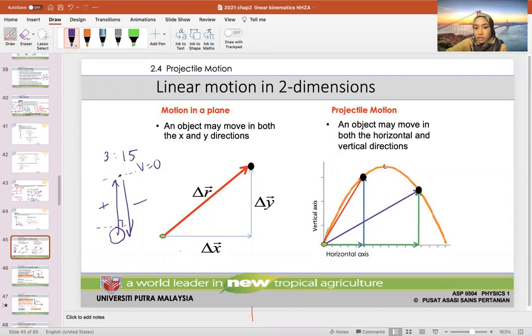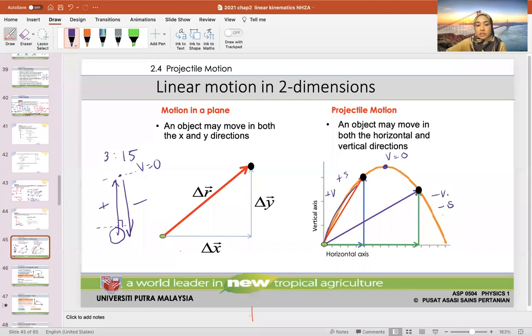Okay, so this projectile motion, kita go over like this. And when we reach the top, we still have V equals to 0. When we go up here, our V is positive. When we go down here, our V is negative. Sama macam free fall. And then our displacement is also positive going here, and then going down here is negative.